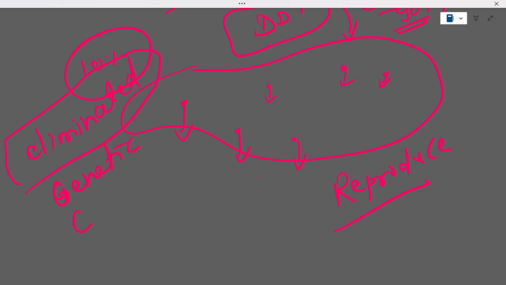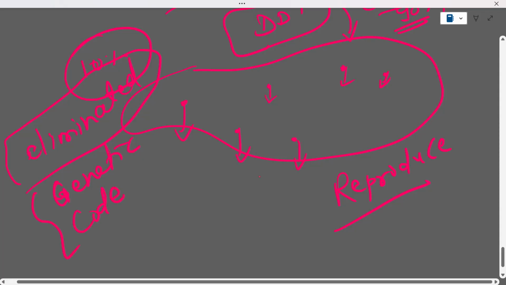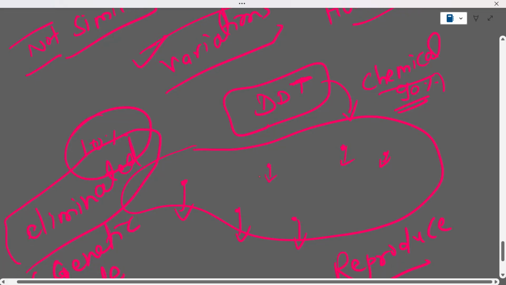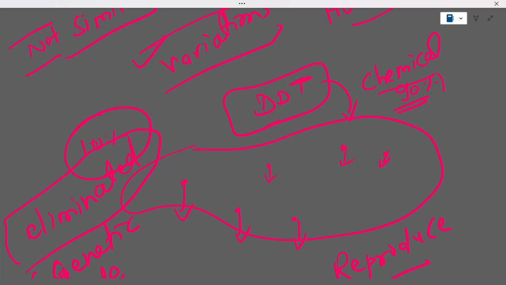So with the application of DDT, the remaining individuals will not be acted upon by any further use of DDT, since these species have built resistance against this particular type of DDT. The more you use it, it is not going to have any adverse effect on this pool of population.